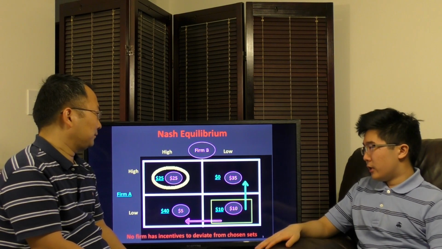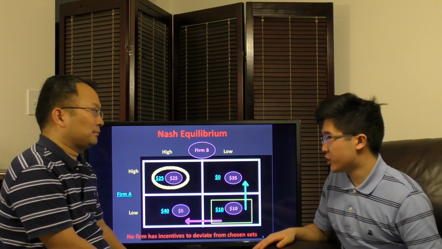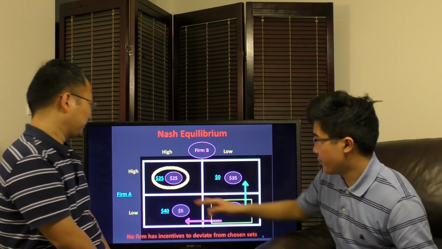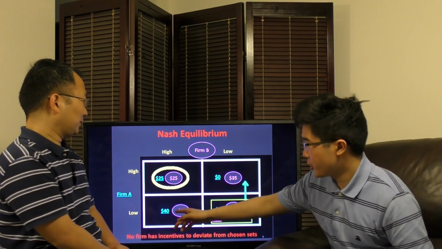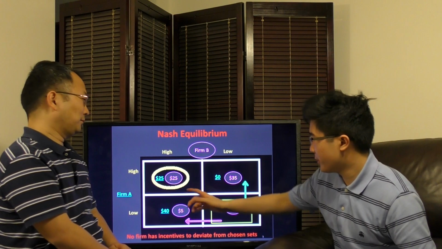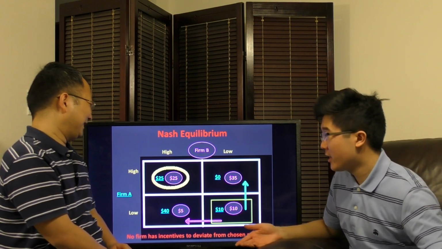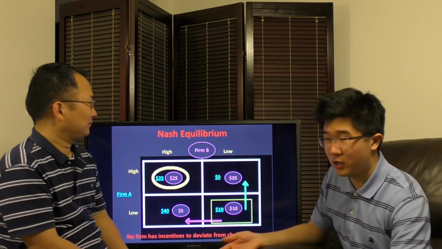However, when they collude, each firm has an incentive to cheat. For instance, if firm A was pricing high, but then decided to price low and break their collusion agreement, then firm A will make $40 instead of $25, even though firm B will make only $5 compared to $25. Of course, firm A doesn't care about how much firm B makes; they care how much they make. So they have an incentive to price low because they will make more profit.